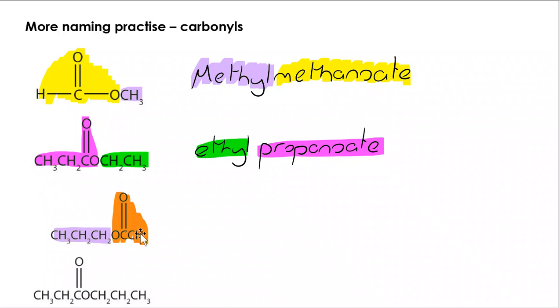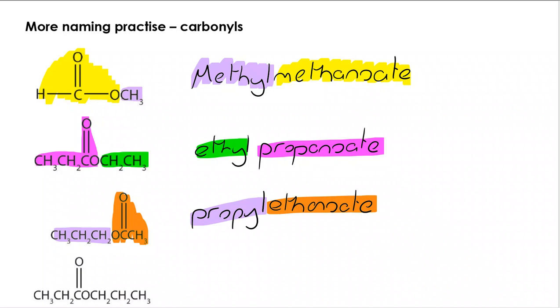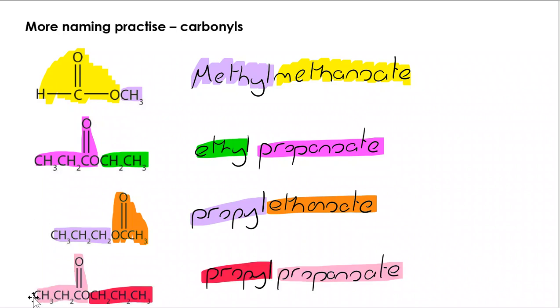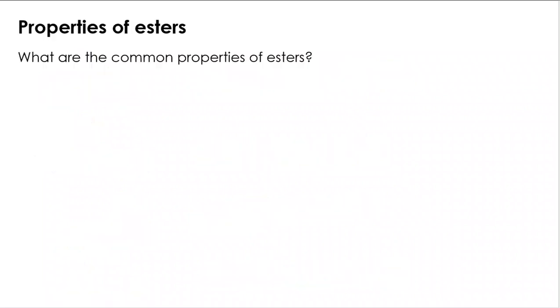Here, I've got an ethanoate ion, and here I've got a propyl group, so propyl ethanoate. And final one, back to the normal way round, the conventional way round of drawing them, I have got propyl propanoate.